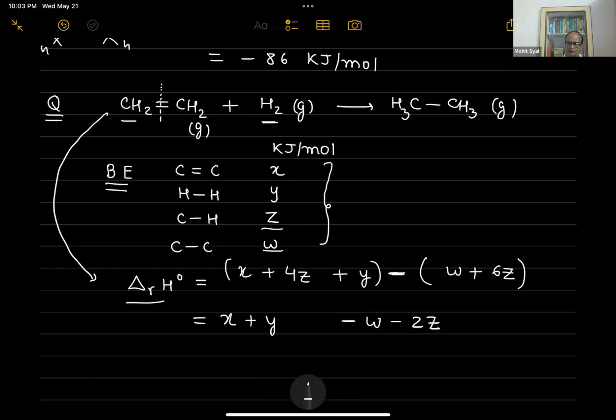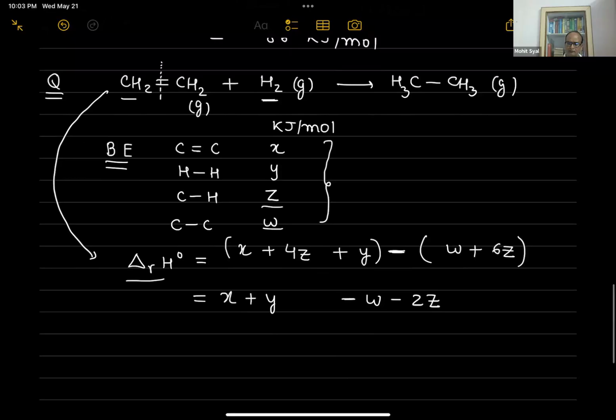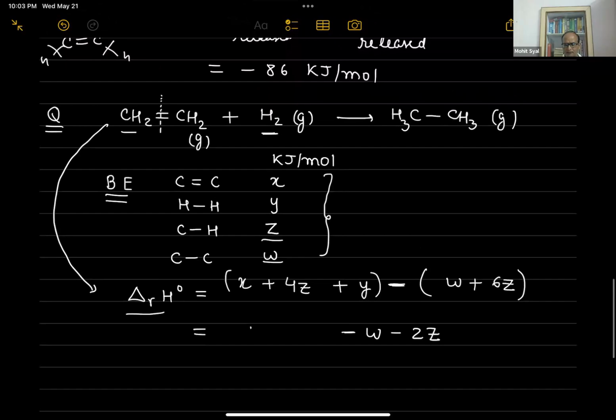Aren't we going to add Y on the product side also, because there is a hydrogen bond? On the reactant side, you had hydrogen connected to hydrogen.